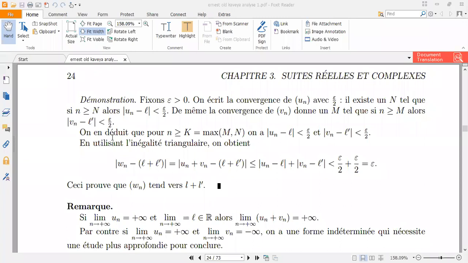So basically the same concept as the Un comes about here, except that Vn has its own limit, which is L prime, and Un has L. For the Vn they introduced the M, and the M was not introduced when we were looking at the Un.